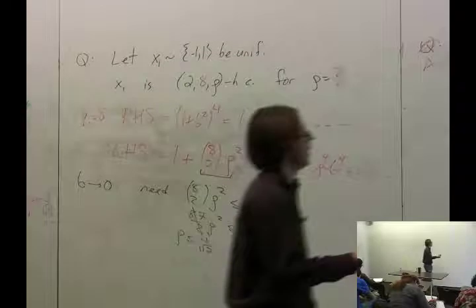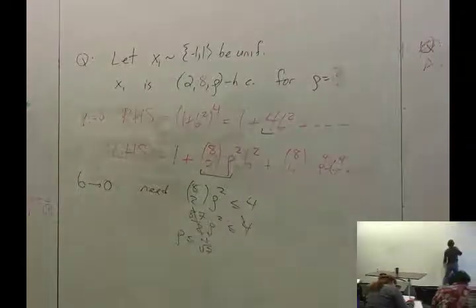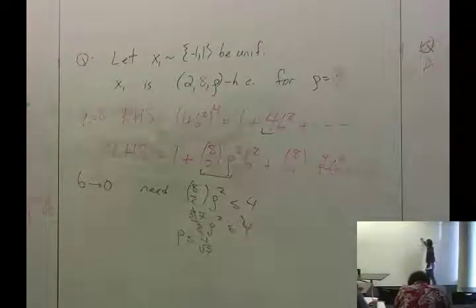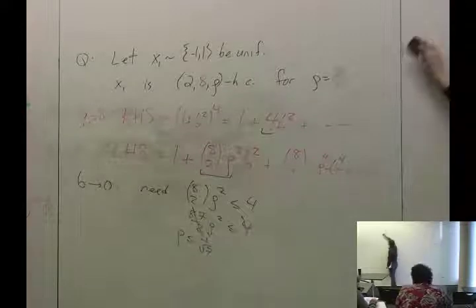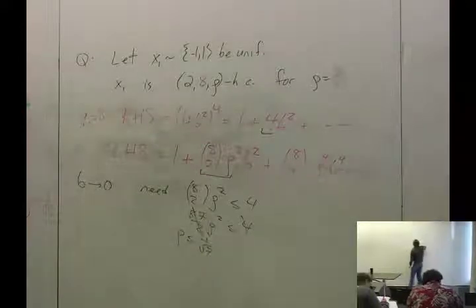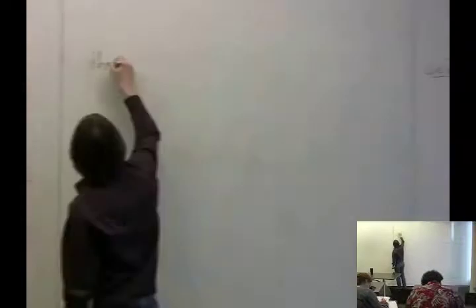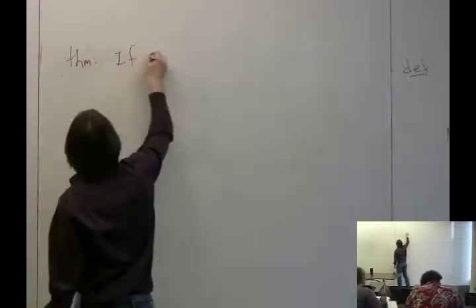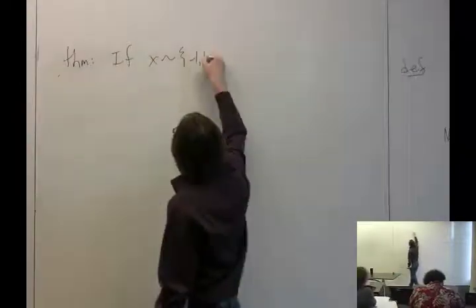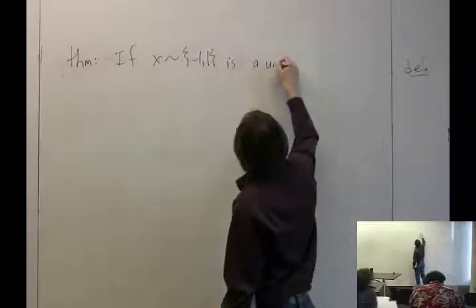And in fact, I guess you could do this for all. You see the pattern now, I assume. You could do this for all even integers. And you would probably decide to yourself, or indeed prove, the following theorem. Let me just write: x is a uniform random bit.